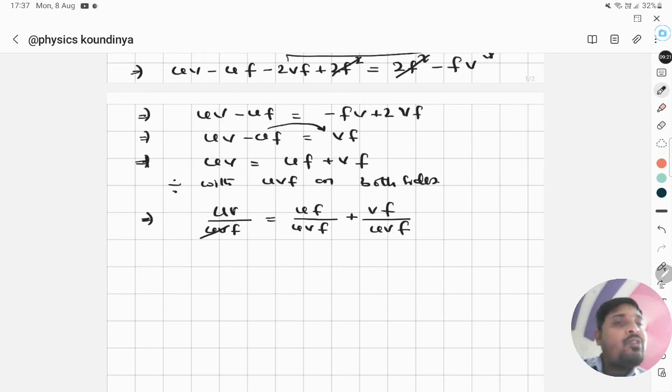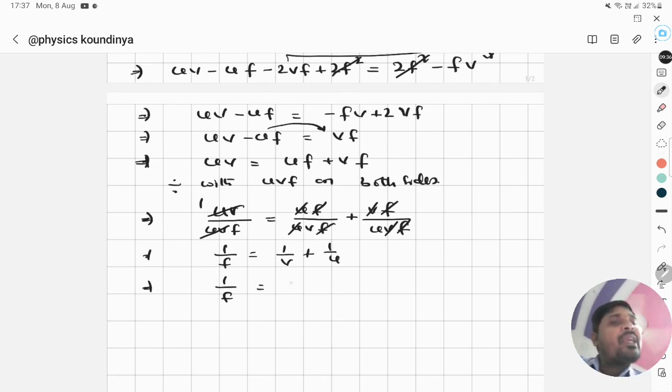See, UV will be cancelled, UF will be cancelled, and here VF will be cancelled. So what we got here? 1 by F equals 1 by V plus 1 by U. We can write it as 1 by F equals 1 by U plus 1 by V.